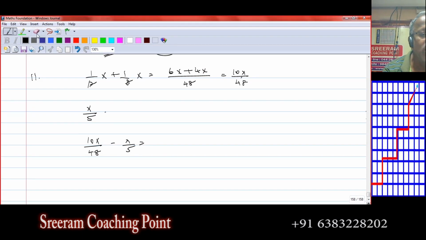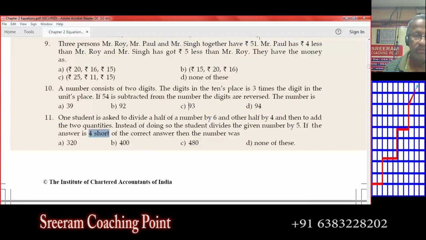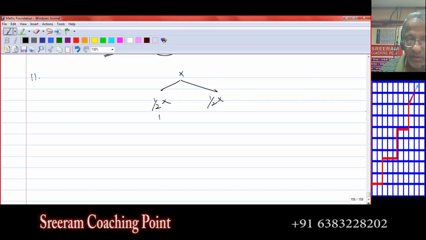So now I would like to solve it from the beginning, so that you can easily follow. A given number is there. This is to be split into 2: half x, half x. A student is asked to divide a half of a number by 6, half x by 6.